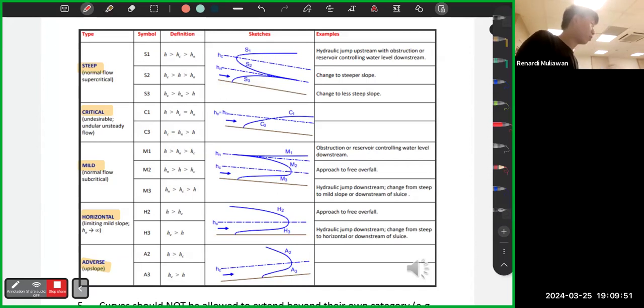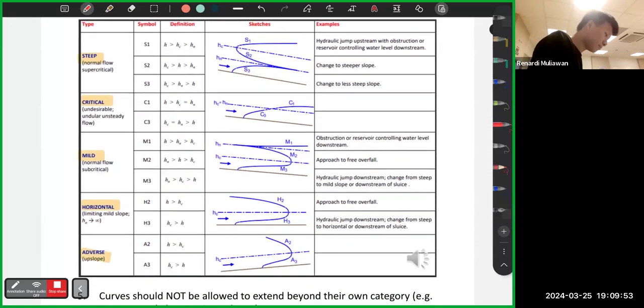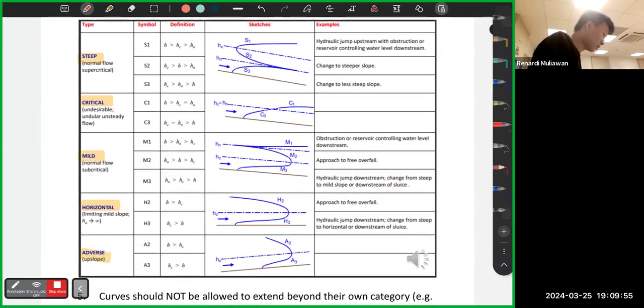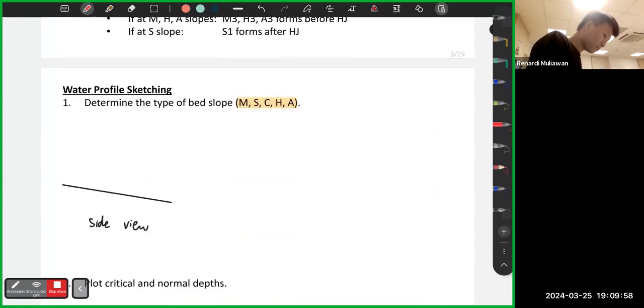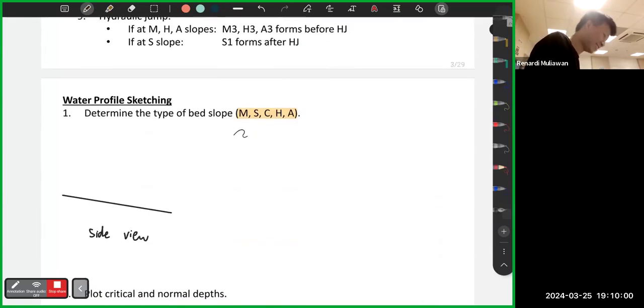To make it more concrete, the definition comes from what we have learned before, which is the normal depth and the critical depth.